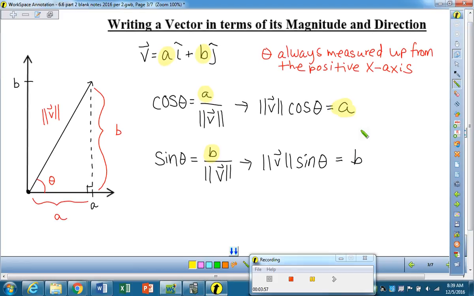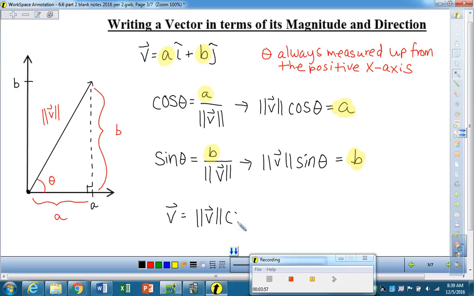All right, now replacing these for a and b, back up here, we have a new way to define a vector. So instead of writing ai, we can write magnitude of vector v cosine theta i. And then in place of b, magnitude of vector v sine theta, j.